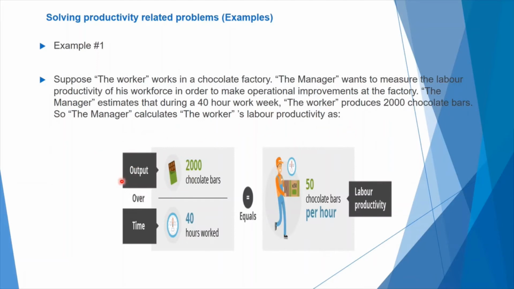Output here we have 2,000 chocolate bars. Input here is time, 40 hours worked. Output over input equals 50 chocolate bars per hour. The labor productivity of this worker is 50 chocolate bars per hour.